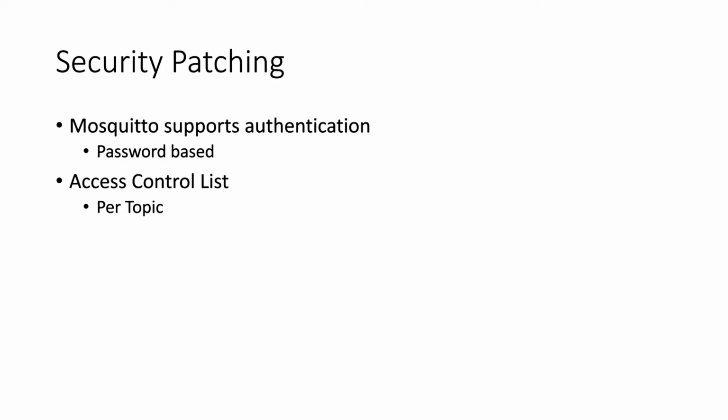But for the Mosquito server, especially version 1.5.7, it supports authentication. It's username and password based authentication, and so every application that connects to the Mosquito server needs to have a username and password, and then you can set up per-topic access control if you'd like, but I'm not doing that.